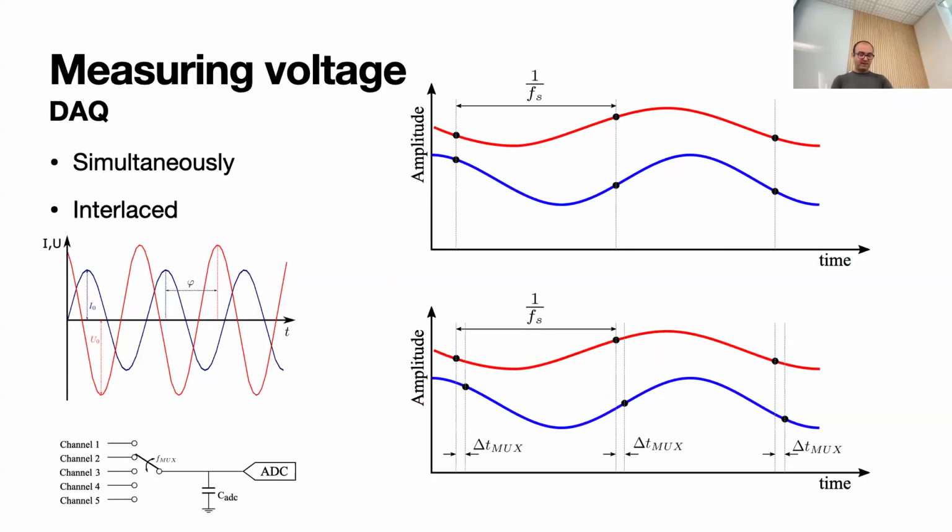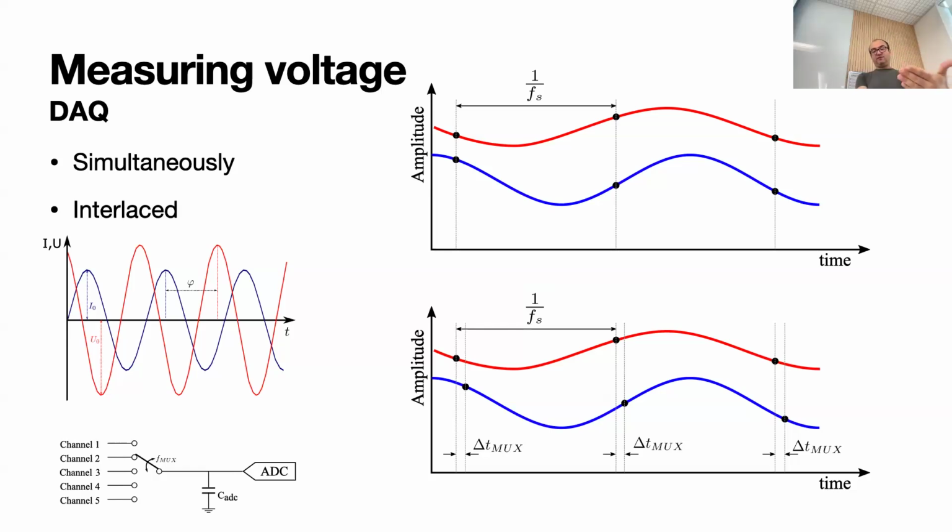And finally, how are we measuring voltage? This is the actual issue I was talking about when I was introducing Kramers-Kronig, from our experiment, where we have problems in the high frequency range: whether our data acquisition measures simultaneously or interlaced.